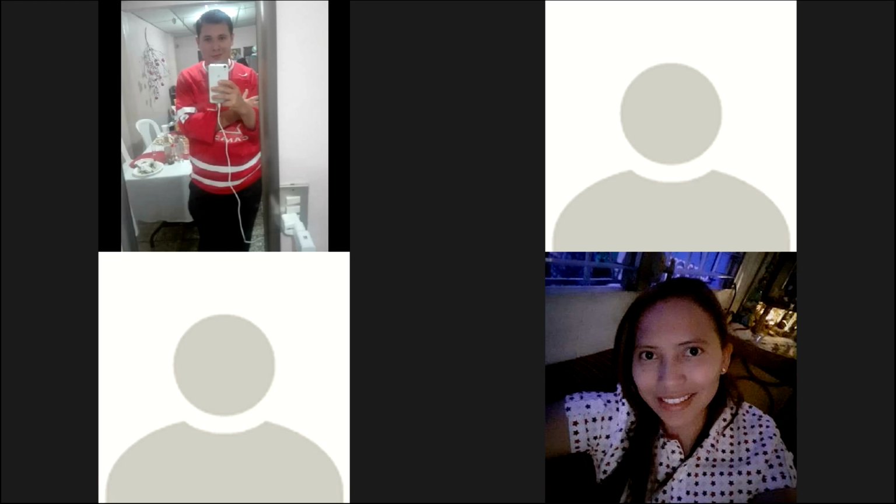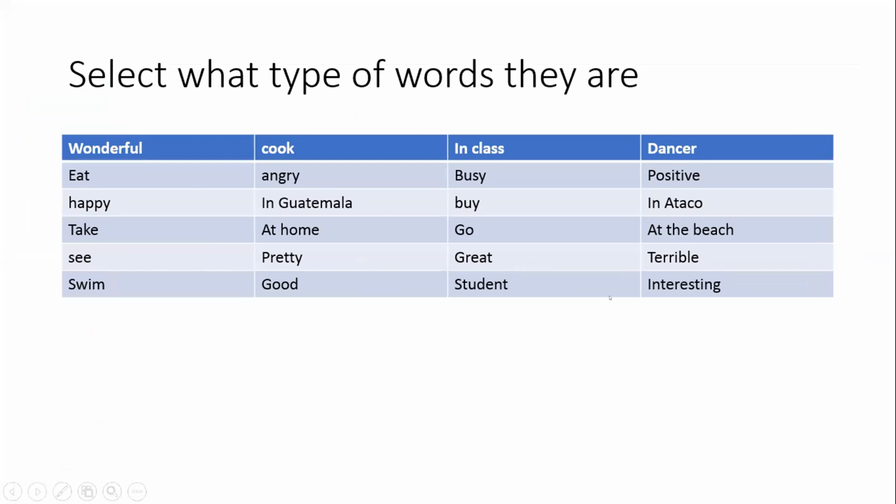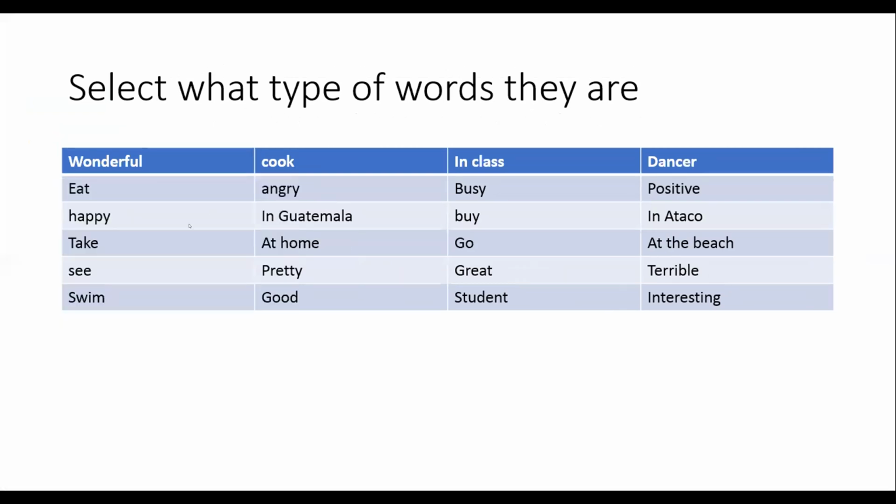Now, what we have to do is separate the words into the categories that are below the chart. You have a picture in the chat. From all these words, we need to categorize them into adjectives, verbs, and prepositions. For example, what is an adjective? Happy. Good.